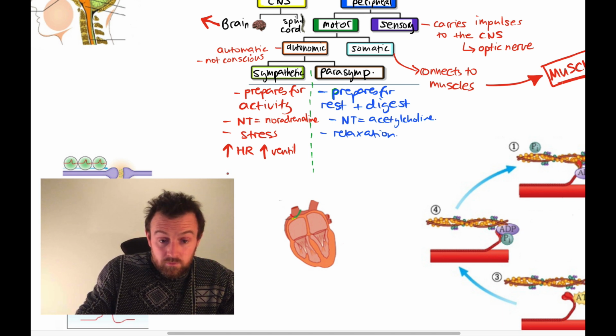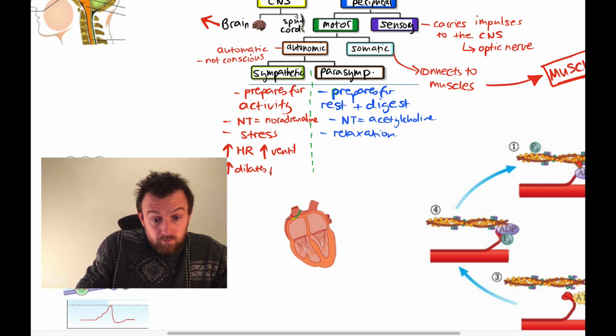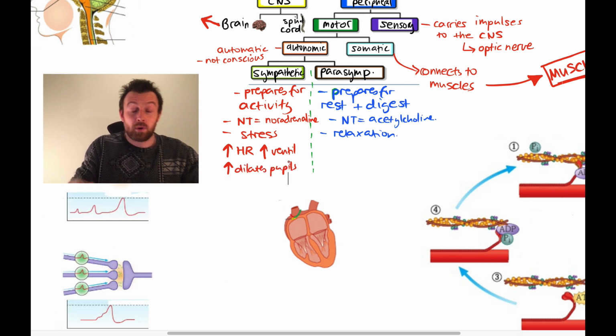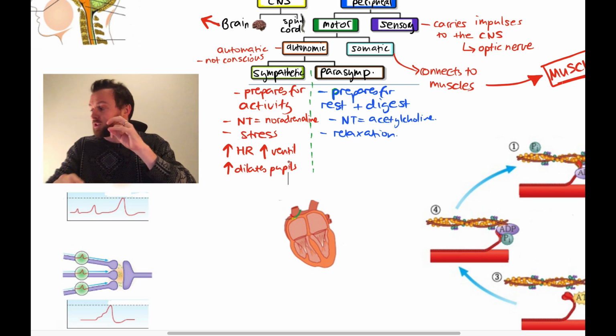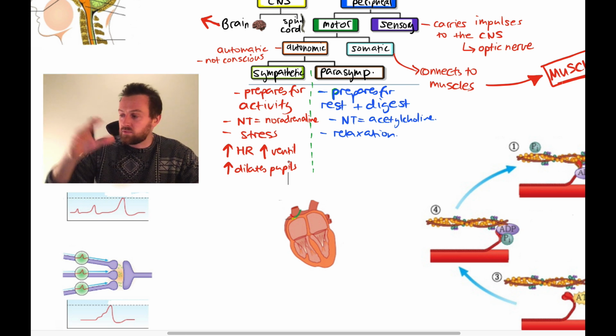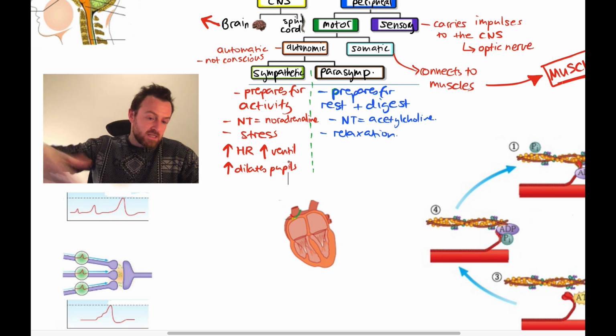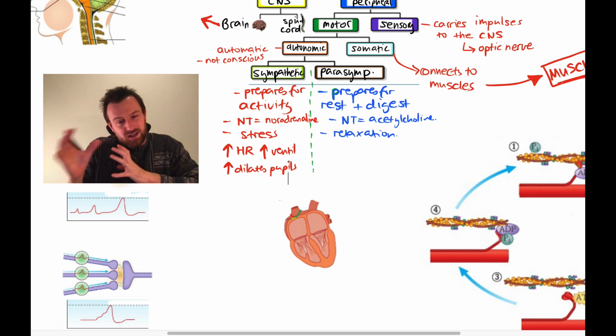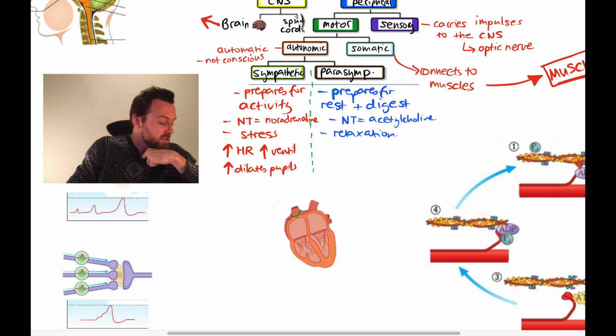Okay, also dilates pupils, which sort of opens up the eyes, getting them ready to see and evade predation, I guess. That's kind of the fundamental reason we have this, it's just kind of fight or flight. It's kind of similar to the adrenaline response. And it reduces digestion.